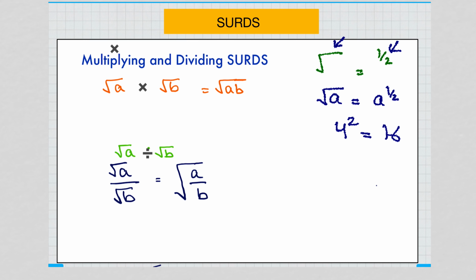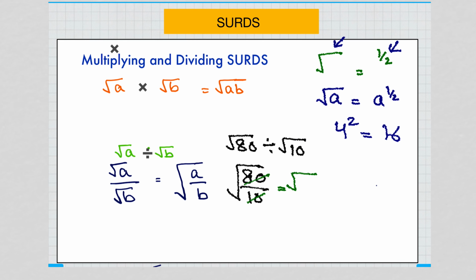One more example, if you have root 80 divided by root 10. Again, the first step would be to write it within 1 surd. Then I'm going to simplify that. 80 divided by 10 is just 8. Now, can I simplify that? Root 8, yes, we can.